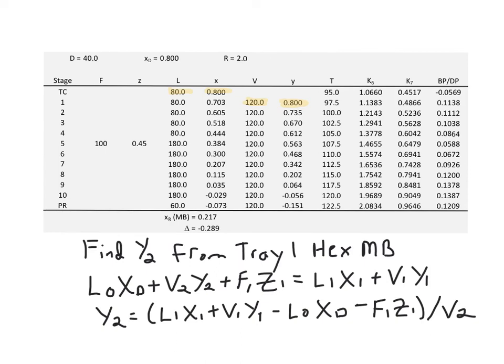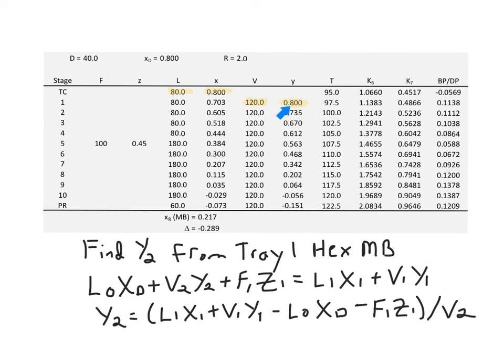And that's continued all the way down the column, always being determined from the mole balance about the tray above it. So here's the order of calculations. We know the composition of the distillate, and so we use the bubble point equation here to iterate for the correct temperature.